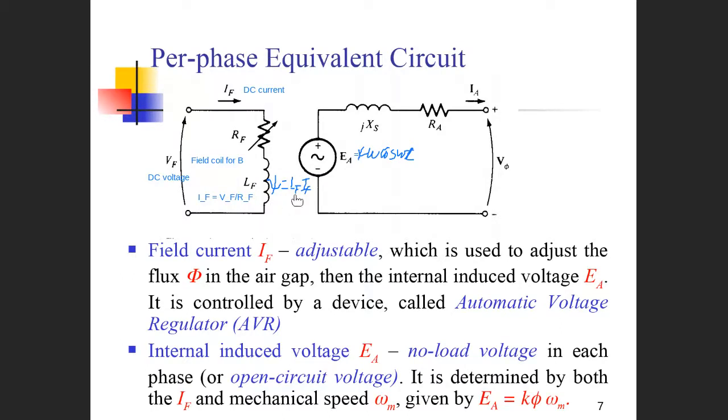Due to the rotation of the constant flux phi, they generate electricity with a voltage. The amplitude depends on phi and rotation speed omega, and it changes with time with the waveform cosine omega t. So this is AC voltage.